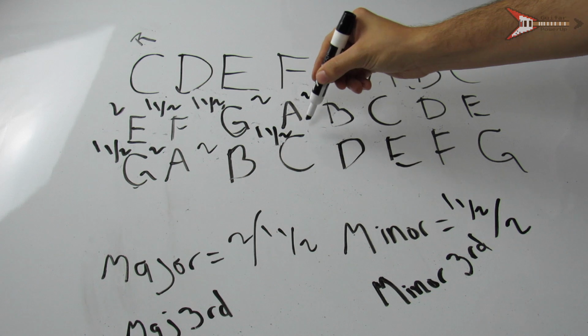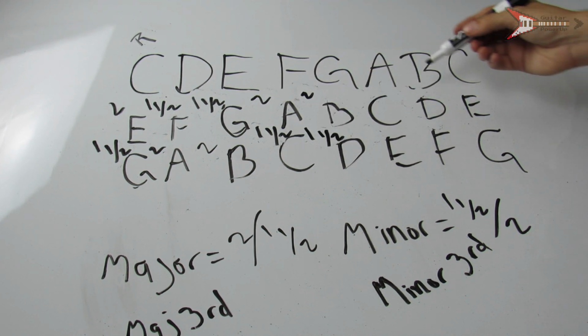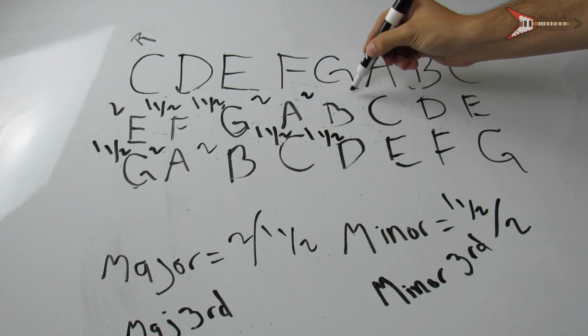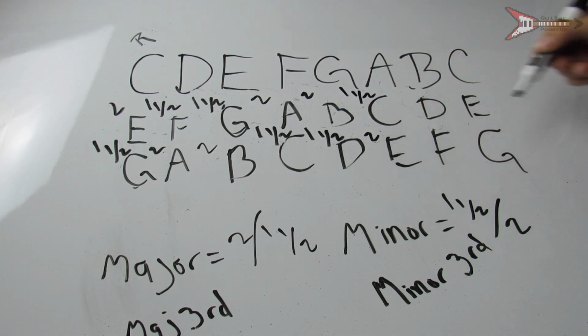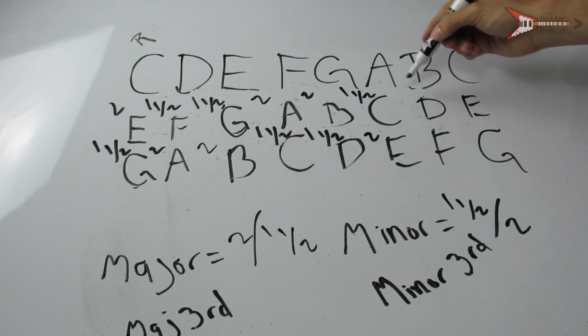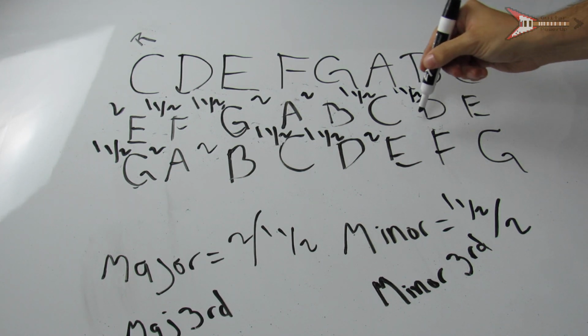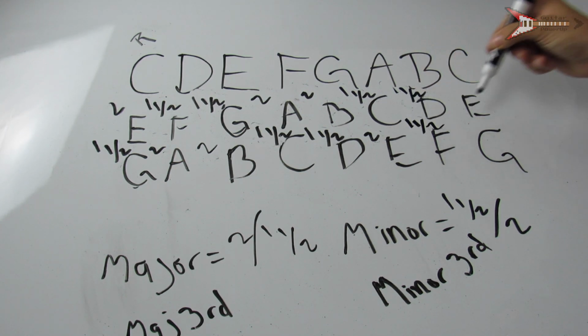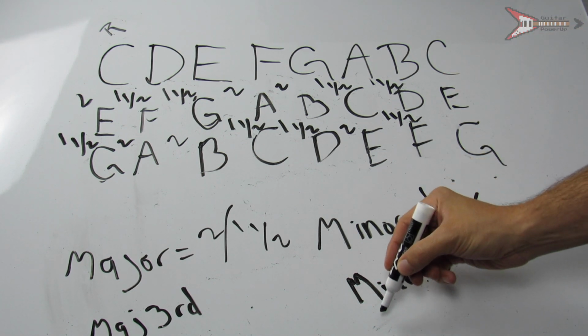B to D is 1.5. So that's a major chord. A to C is 1.5 whole steps. C to E is 2. So that's a minor chord. And then B to D is 1.5 whole steps. And then D to F is also 1.5. Which makes this a diminished chord.